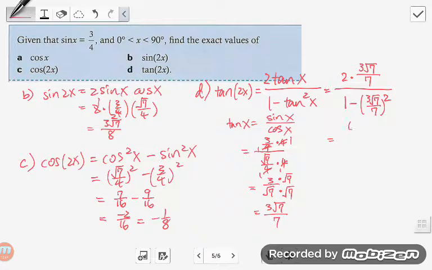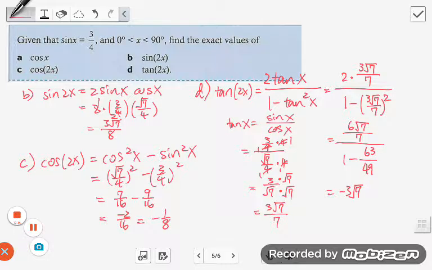And that will give us 6 root 7 over 7, the whole thing over 1 minus, what's that? That's 49. 9 times 7, that's 63. Oh, this is so ugly. And I'm going to put that in my calculator, so I'll be back. That will be negative 3 root 7.